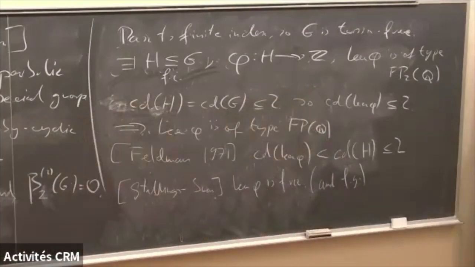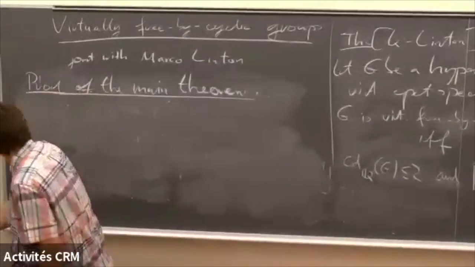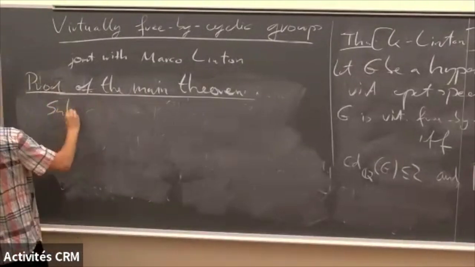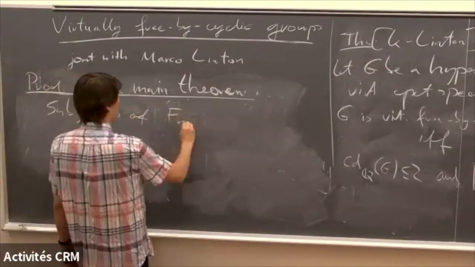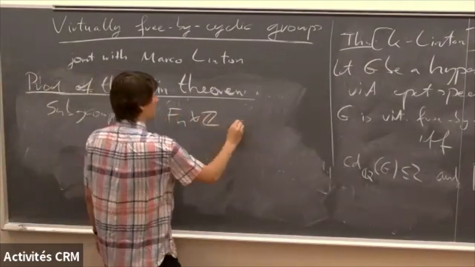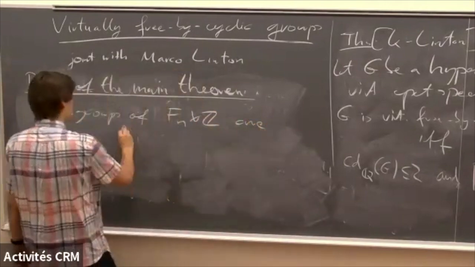So, okay, what do you do? Well, you make an observation. The observation is very simple, actually. The point is that subgroups of finitely generated free-by-Z groups are free-by-cyclic.